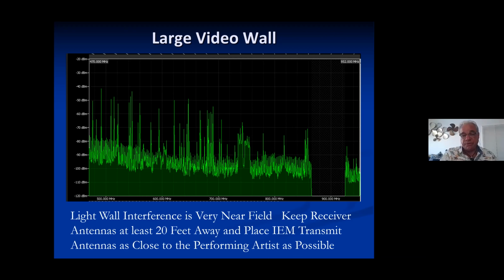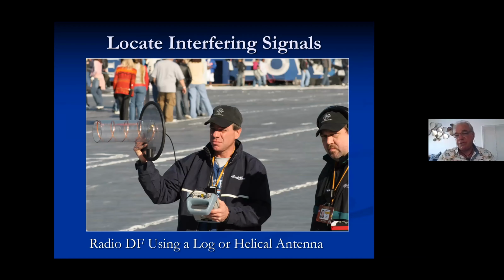Outdoors, it's a bit of a different story. But the point is, the light walls are very near interference. Don't freak out if you had your shark fin clamped onto a lighting wall and you're getting interference. Unclamp the paddle and put it on a mic stand 20 feet away and that problem will go away. I wasn't going to say every problem.